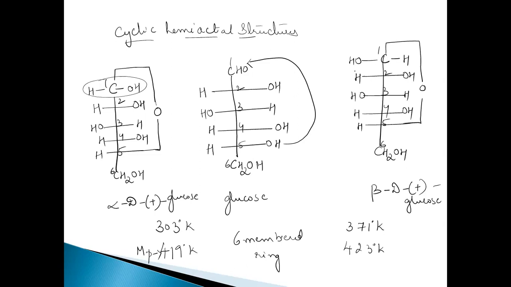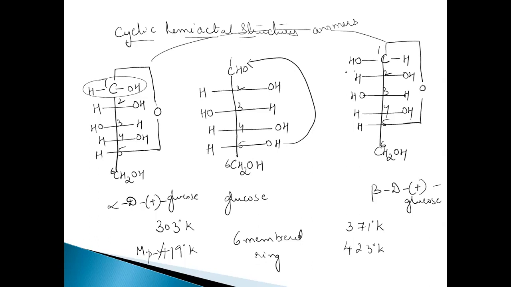This OH functional group is towards the right here and towards the left there. This carbon is called an anomeric carbon, and differing only at one carbon configuration, so called as what? Anomers. These two are called anomers, because they differ in the configuration only at the C1 carbon atom, called the anomeric carbon atom, with reference to OH.